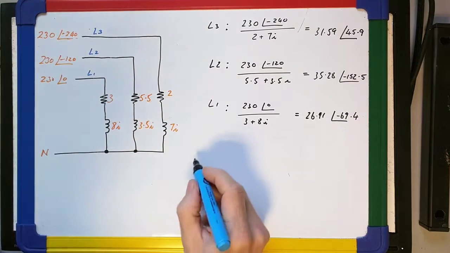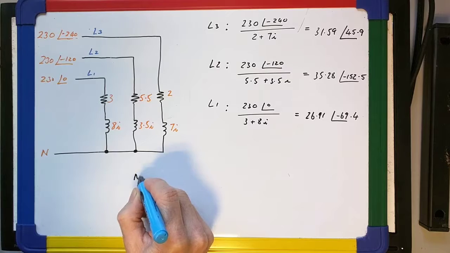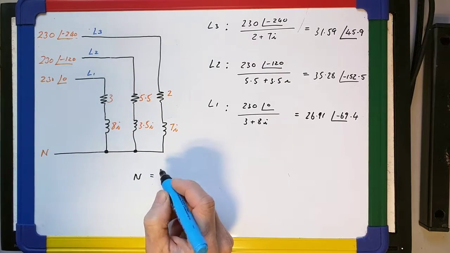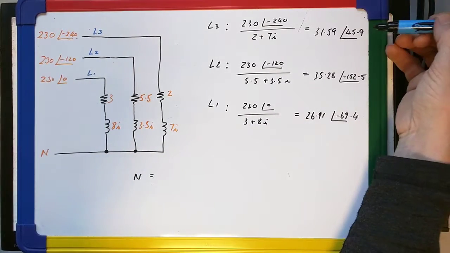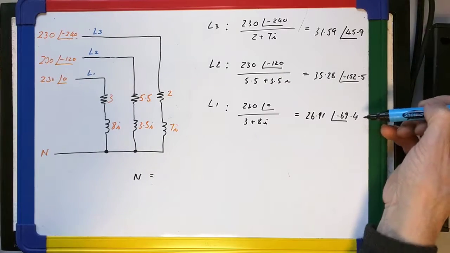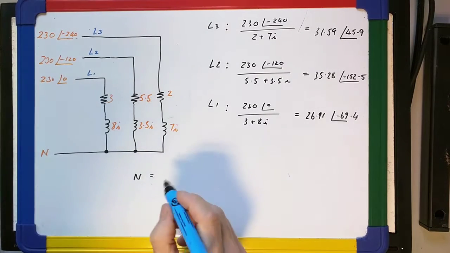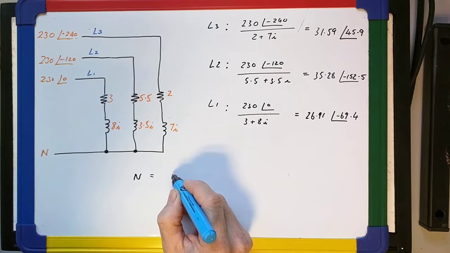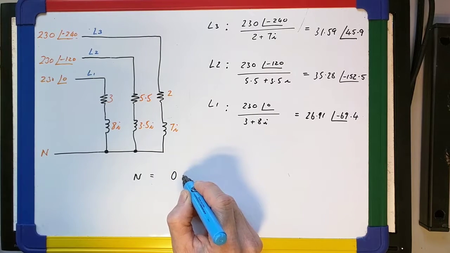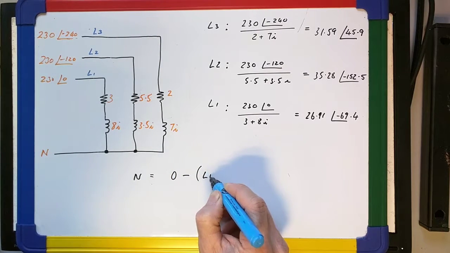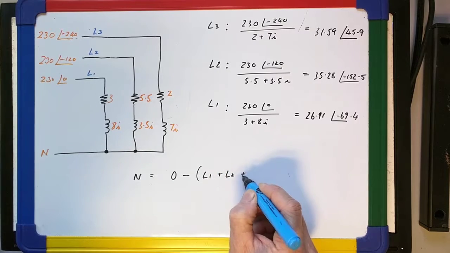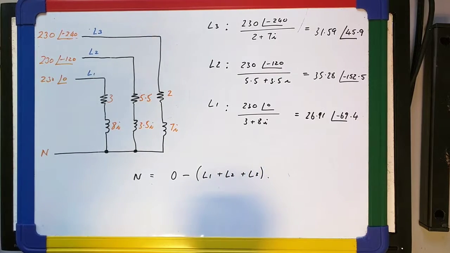So the neutral current is going to be whatever current needs to be added to these to bring you back to 0. In other words, the neutral current equals 0, take away live 1 plus live 2 plus live 3.